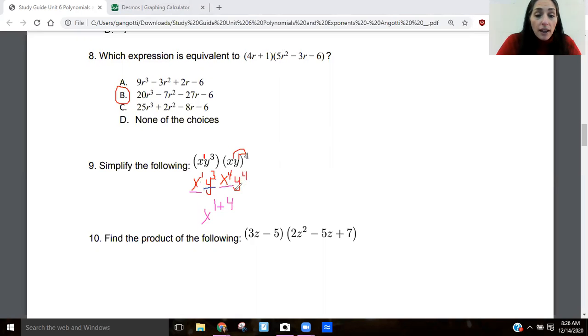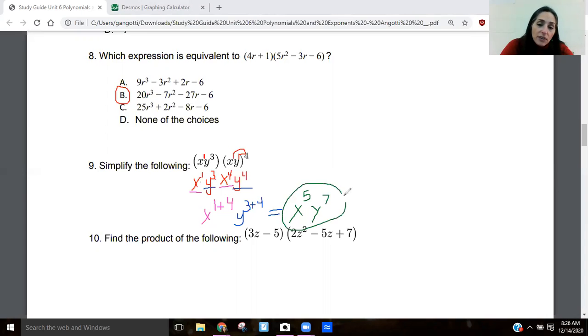So here's a y and here's a y. So you would write the y down and then you're going to add the exponents like this, 3 plus 4. And then simplify that. So that would simplify to x to the 5th, y to the 7th, like that. That's your final answer. Okay?